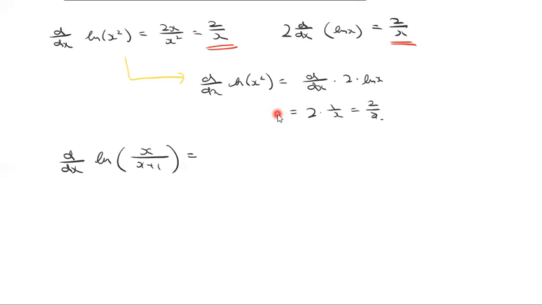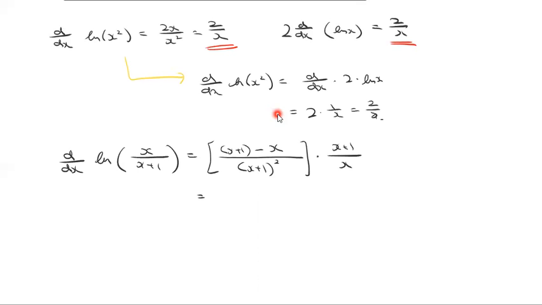It's x plus 1 minus x, for minus x over x plus 1 to the power 2. Mm-hmm. And then just times x plus 1 over x.